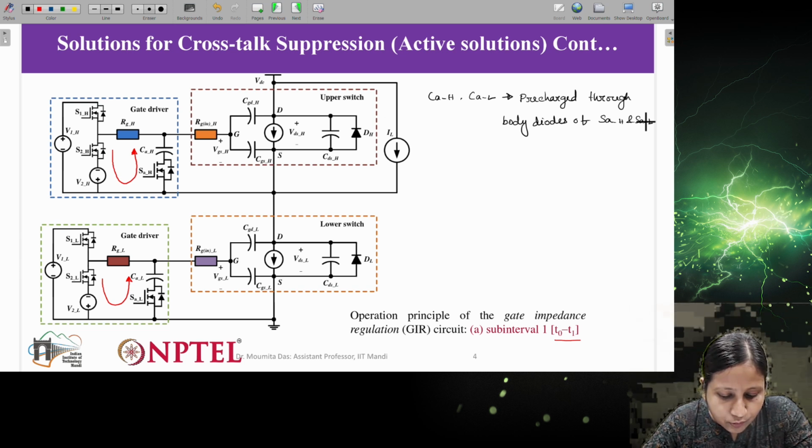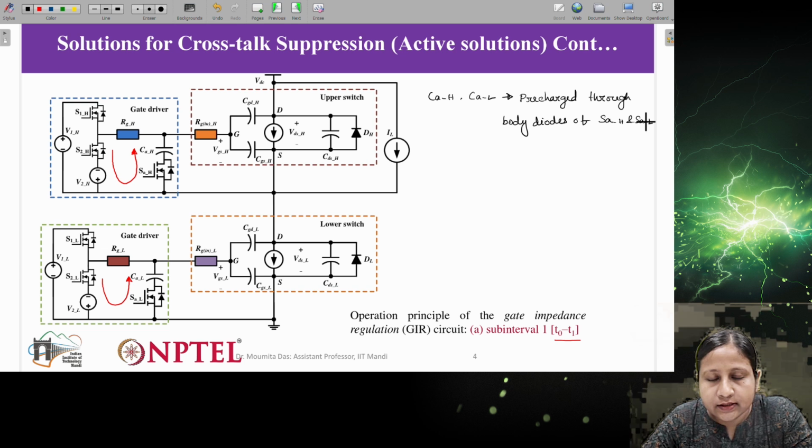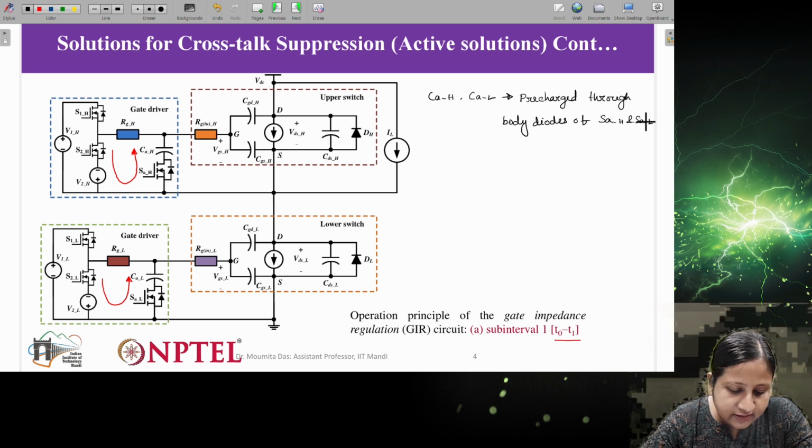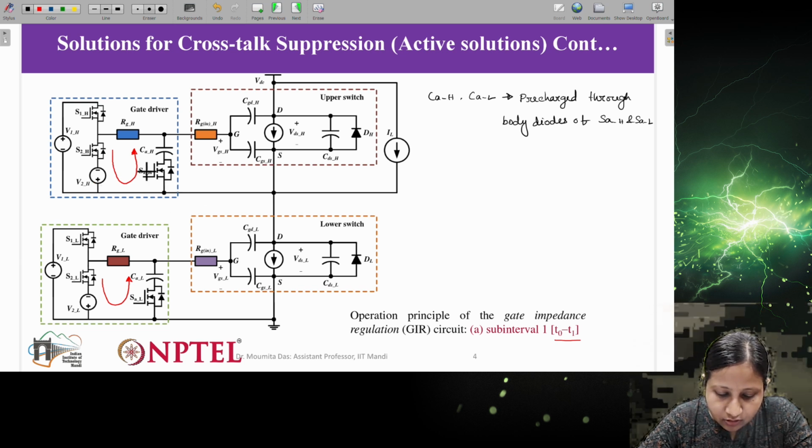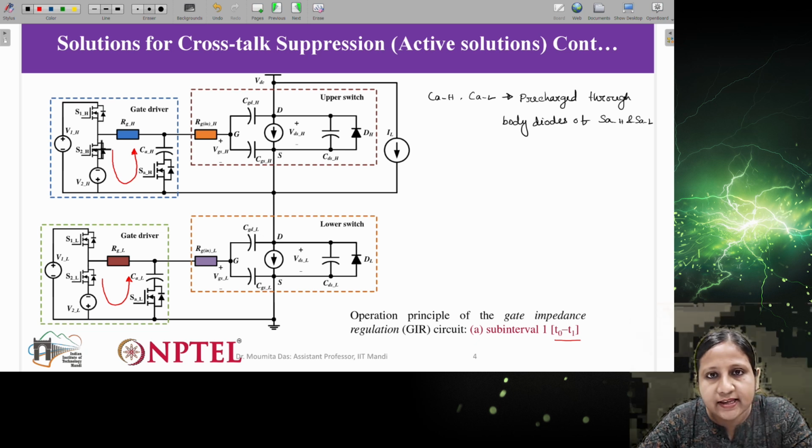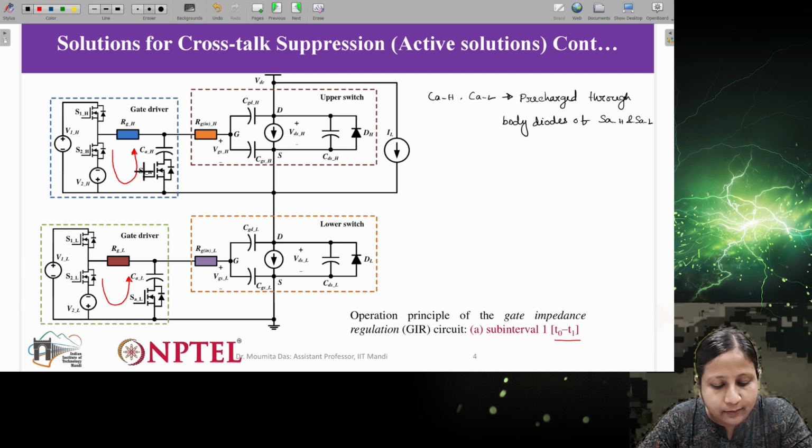Now you can see from the direction of the current, this pre-charge voltage will be negative. It means it is charging from V2H, through the body diode of SAH and the internal resistance, and then switch S2H. So this is the loop which is helping to charge this capacitance.